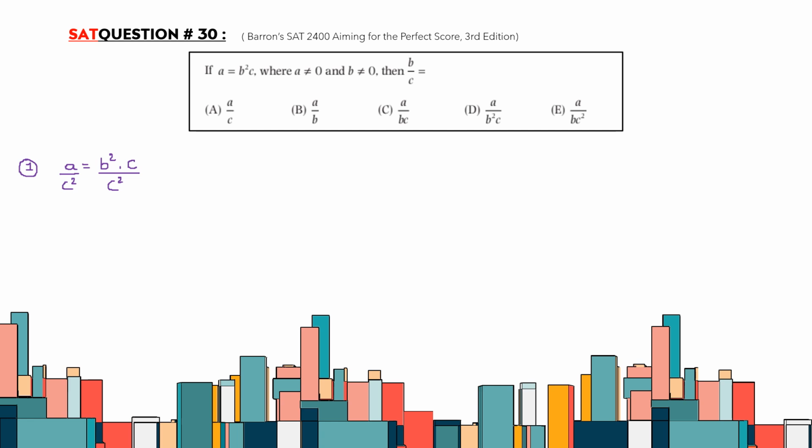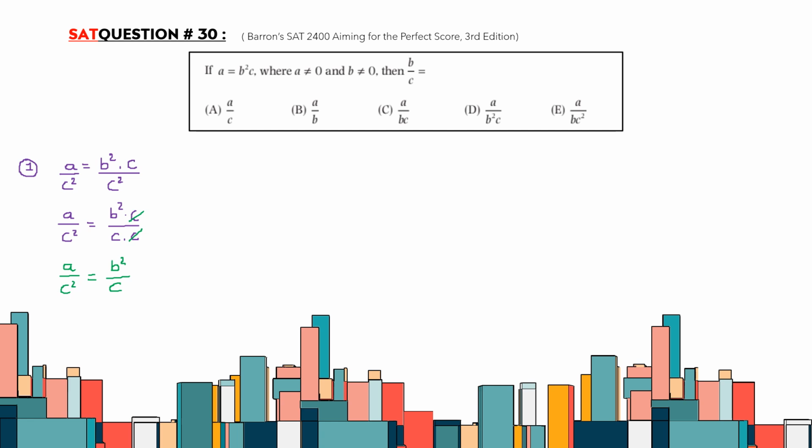When I divide by C squared, you have A over C squared equals B squared times C over C times C. Now we can cancel the C on the top and one at the bottom. And we have A over C squared equals B squared over C.